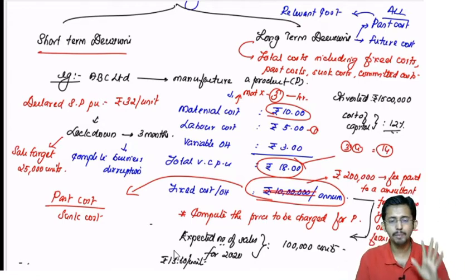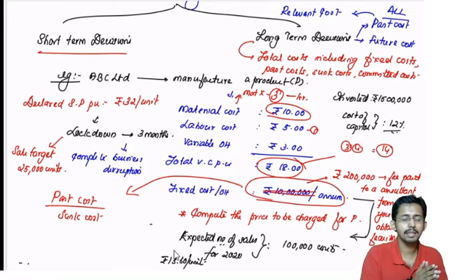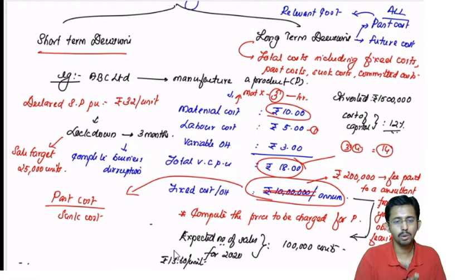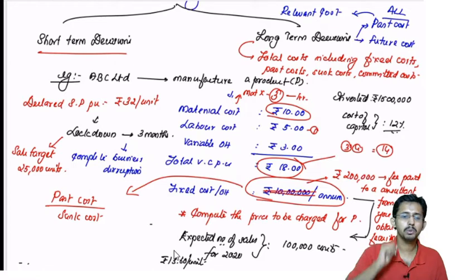Now, why do you say that 14 rupees is relevant? Because if you want to manufacture, you have to purchase it. Or if you don't manufacture, you are not going to incur it. Why are you taking a decision whether to manufacture or not? You will manufacture only if you are able to sell it. Am I right? And you will be able to sell only if the price is reduced to 20 rupees.